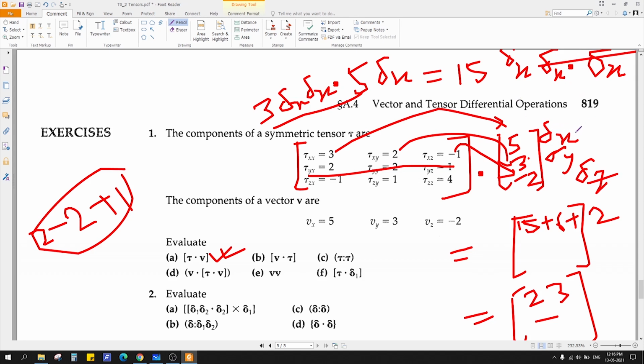So this becomes delta x. Similarly, this will also be delta x. The direction of 6 will be delta x. How? You just do this 2. So we have 2 delta x. We are doing this one, delta x, then delta y.